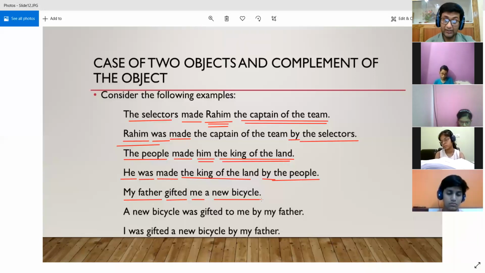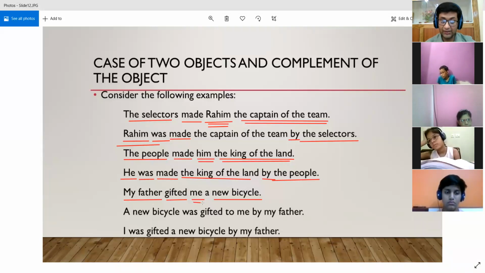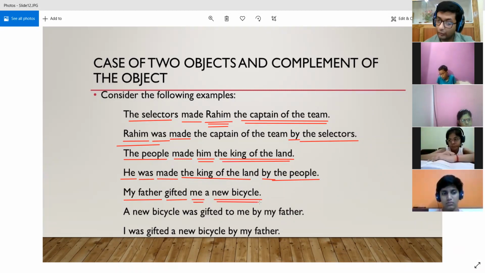So in these scenarios, we have a choice that we can select either of the two objects as the subject in the passive voice. Since now we are having two objects, I can either make me the subject in the passive voice, or I can make the bicycle my subject in the passive voice. So I have a choice regarding it. So now let's see, if I use bicycle as my subject, then how am I going to write it?